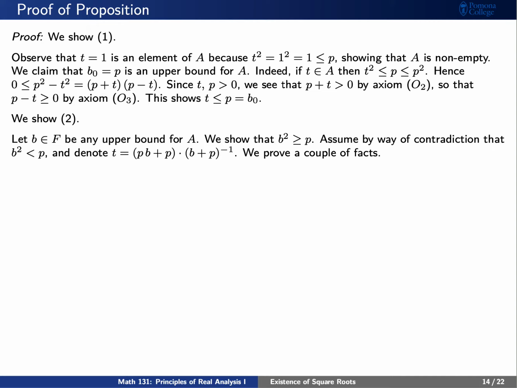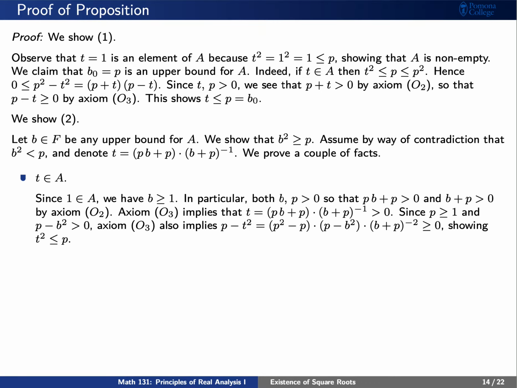We'll prove a couple of facts here. First, t must be an element of A. Here's the reason why. First, we can prove that b times b plus p is positive, and b plus p is also positive. That means then the ratio, what we're calling here t, is also positive.